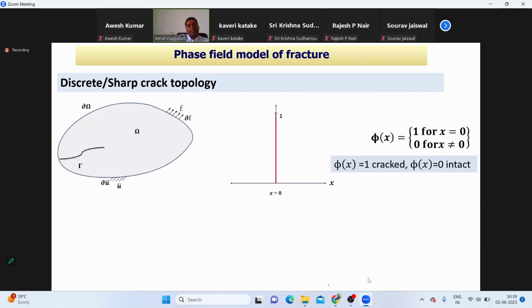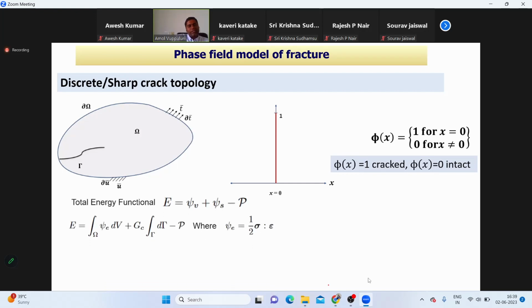If you look at the discrete model of a crack, there is a body with a sharp crack. The total energy functional of this body is strain energy, which is Ψe, plus Ψs, which is the surface energy, minus P, which is the external load. So the strain energy of the body per unit volume is Ψe, which is nothing but half sigma inner product epsilon, then the total strain energy is the volumetric integral of Ψe.